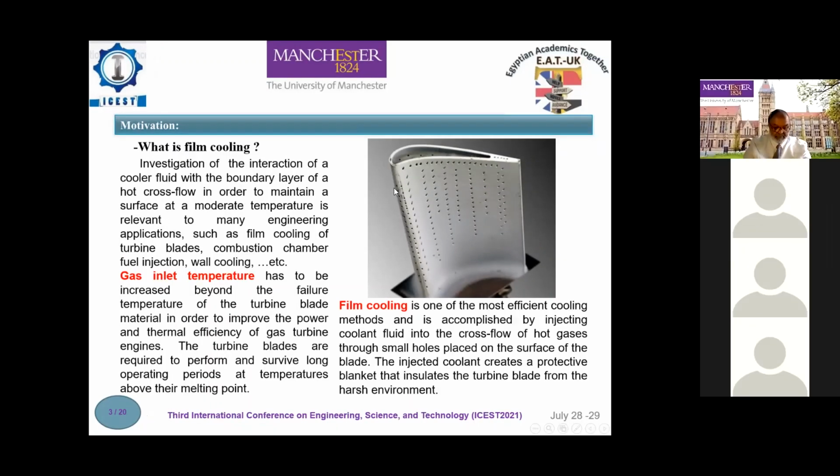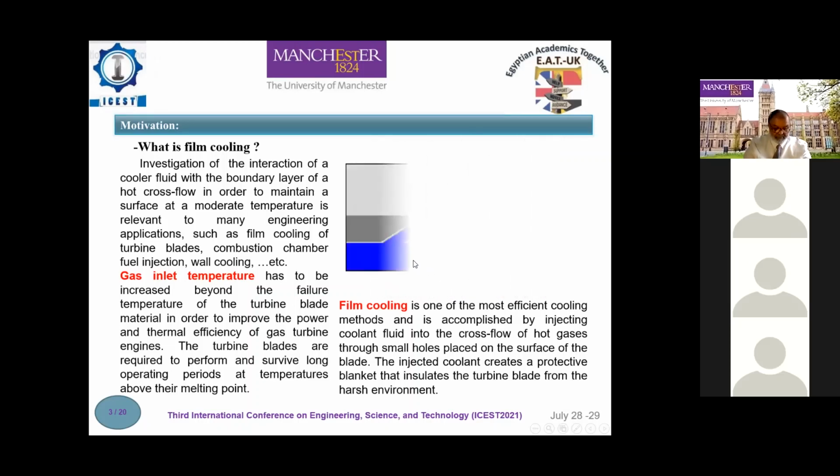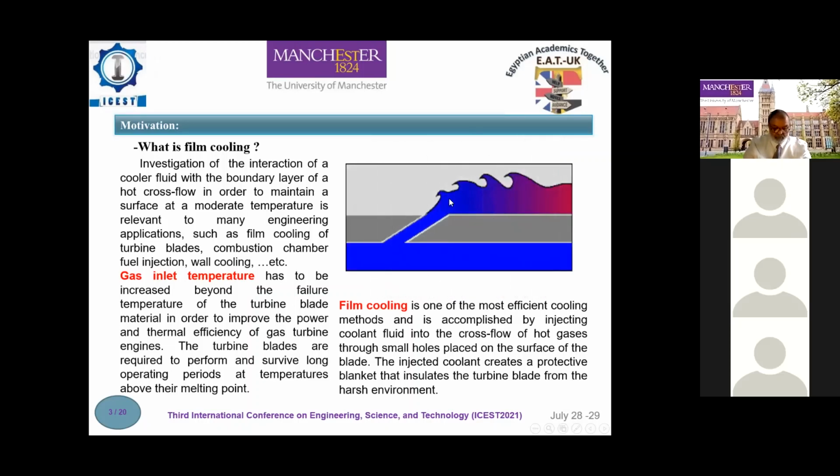Once injected into the hot mainstream, the coolant creates a protective blanket between the hot mainstream gas and the turbine components. This insulates the outside surface of the blade from the hot combustion gases, further reducing heat transfer. This thin layer consequently acts as a buffer to maintain a lower temperature on the surface.